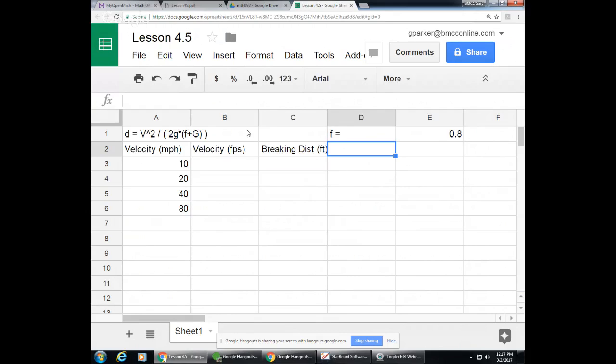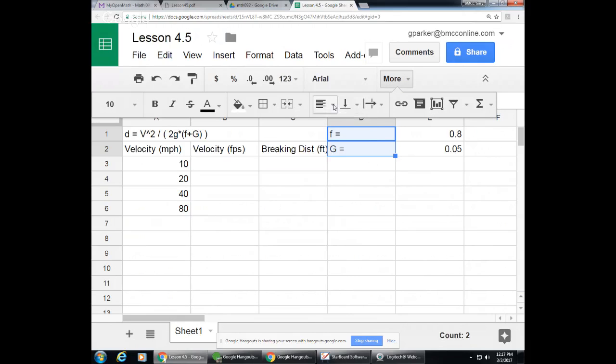And then what else do we have? We have big G, the road grade. That equal to 5%. And let's just clean that in here. Make it pretty.